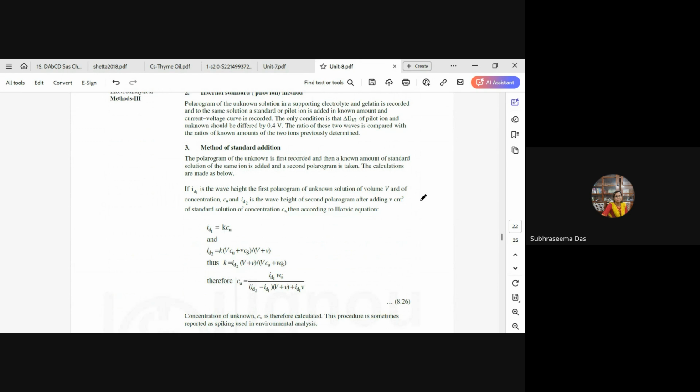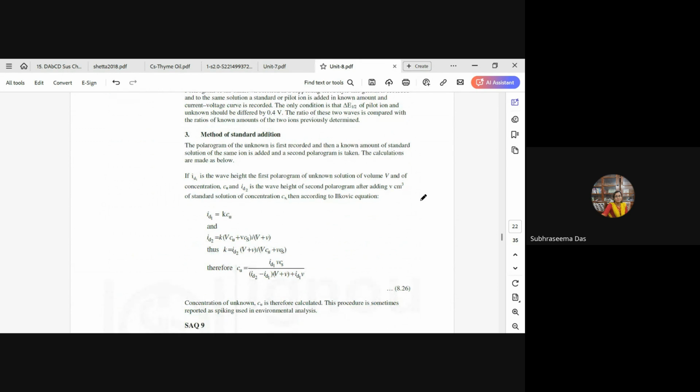Then coming to the method of standard dilution. The polarogram of the unknown is first recorded, and then a known amount of standard solution of the same ion is added, and the second polarogram is taken. Then the comparison is made by using the following calculations. We know that ID1 is equal to K into Cu, and ID2 is equal to K, that is the constant, times (V Cu plus v Cs) divided by (V plus v), where Cu is the concentration of the unknown solution.